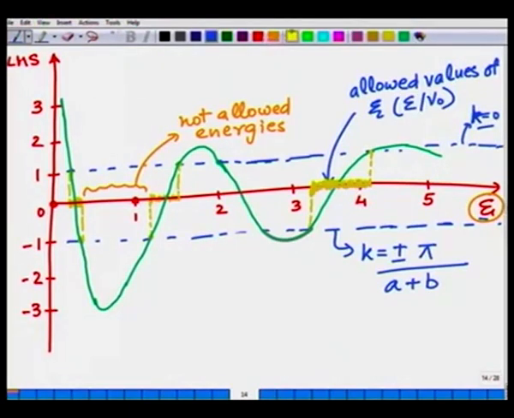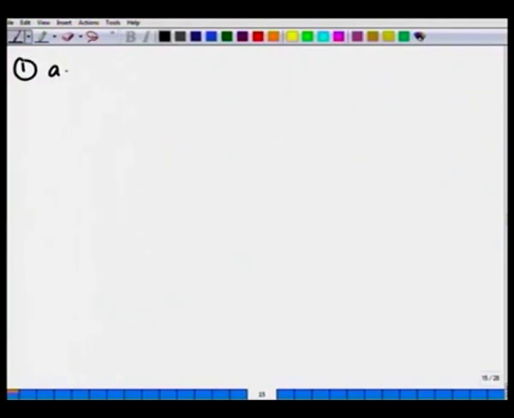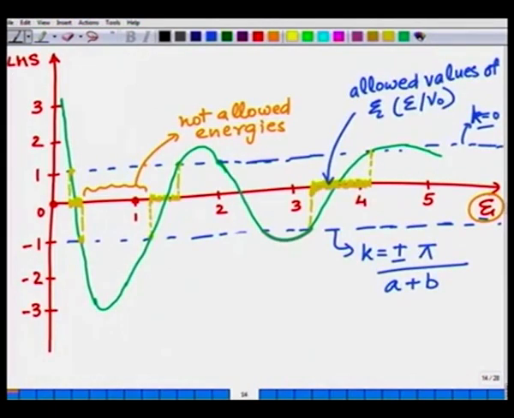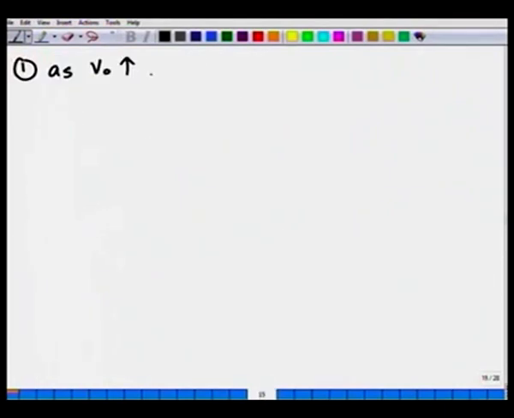What do you see? One, as V0 increases, notice V0 increases means zeta becomes smaller and smaller, that means we are on the left hand side. In that case, the band width is narrow. What does that mean?